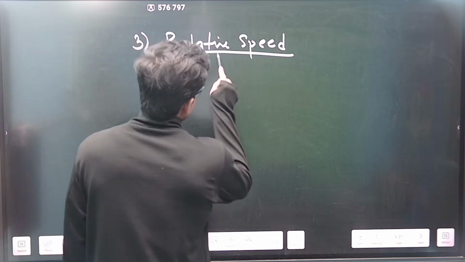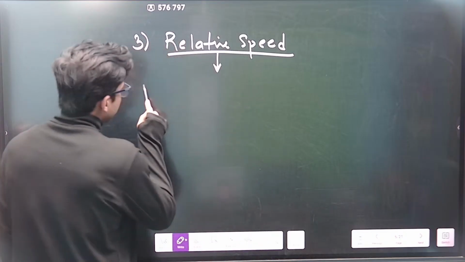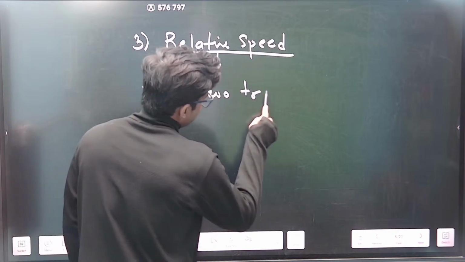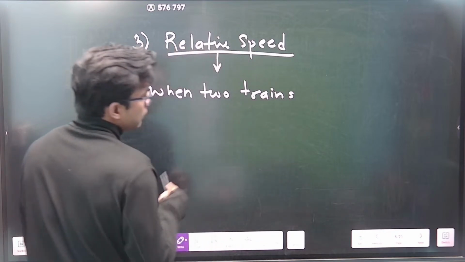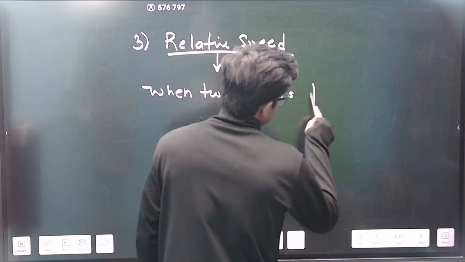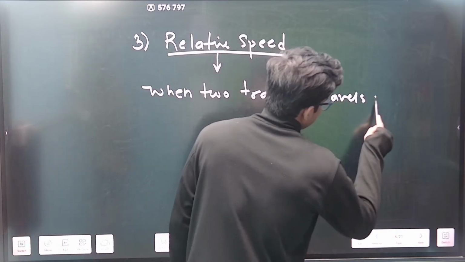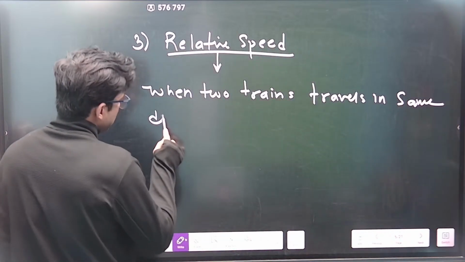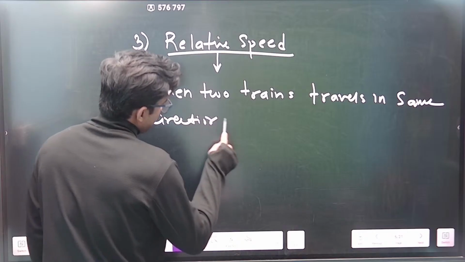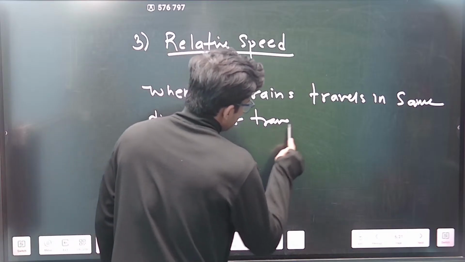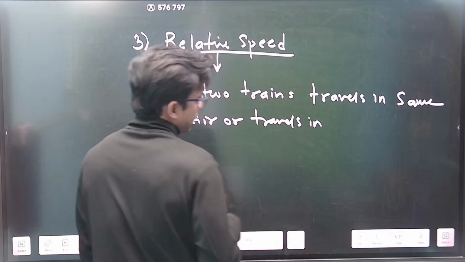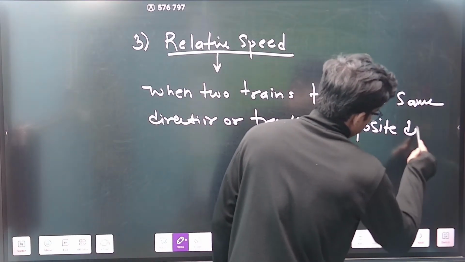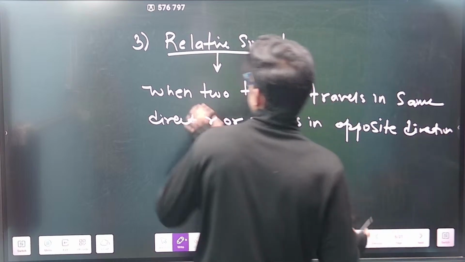When the two trains, always remember, when two trains travel in the same direction, or travel in opposite direction, this is a concept of relative speed.